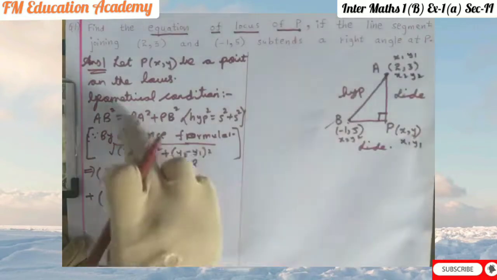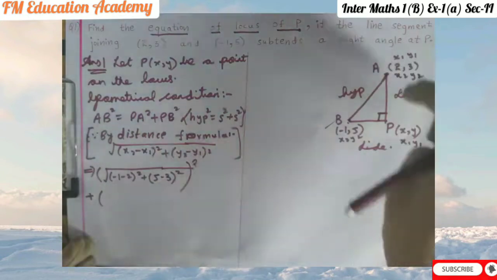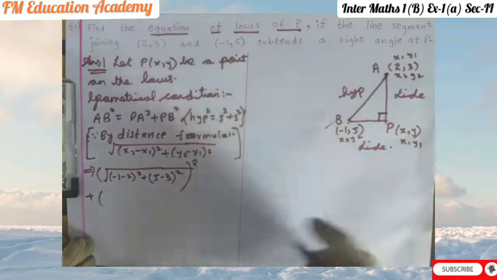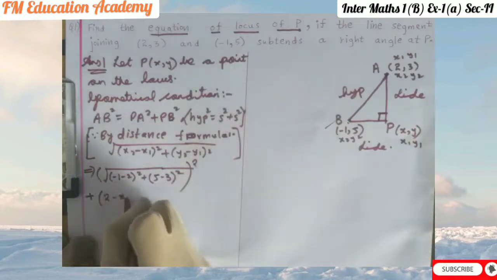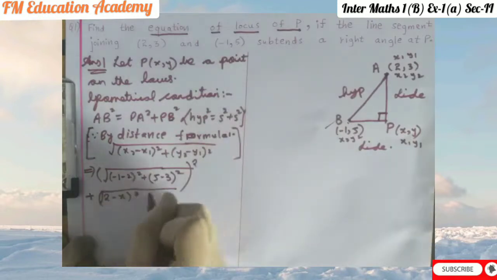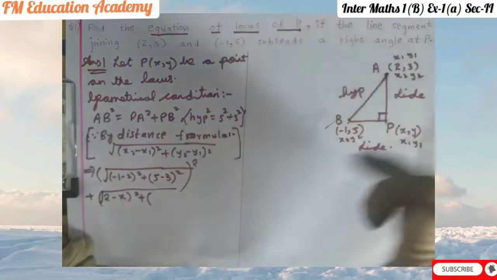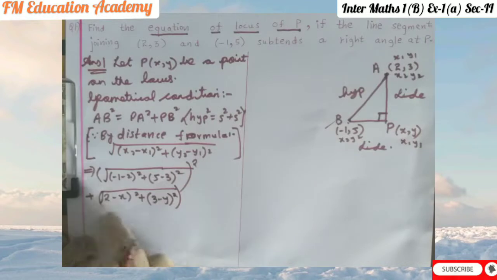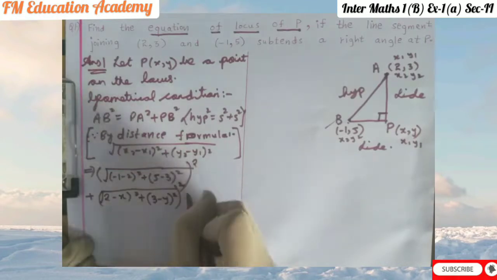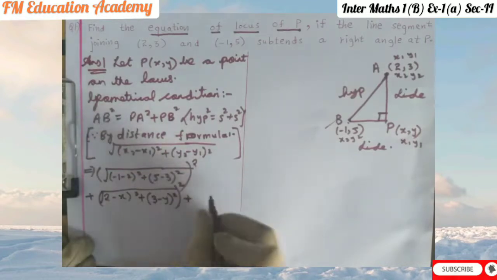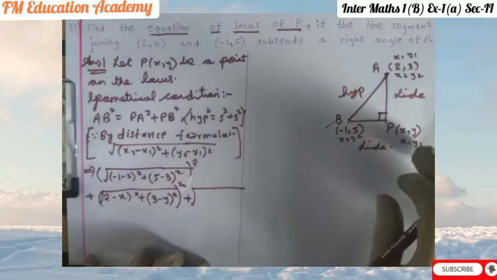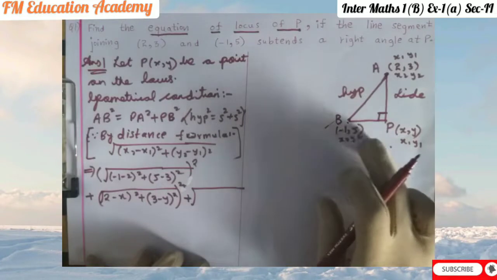So here PA square means root of (2 minus x) whole square plus (3 minus y) whole square. Since it is PA whole square, we'll write square here, plus root of PB square, where P is (x1, y1) and B is (x2, y2).